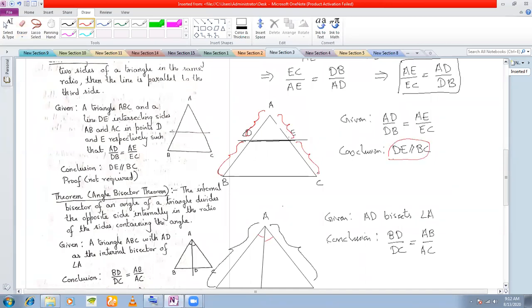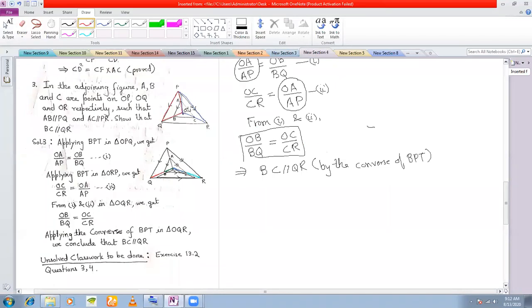That DE is parallel to BC. That is, these two are parallel, right? That was the converse of BPT, and exactly that is what I have applied here. That is, in this triangle, this relation holds, and therefore BC is parallel to QR. Any questions?